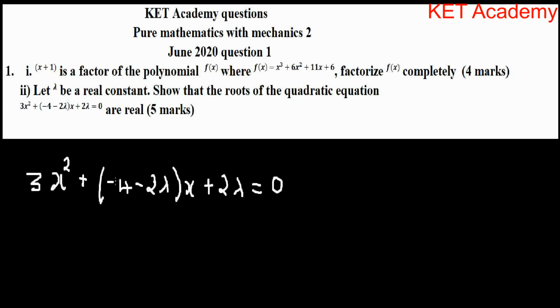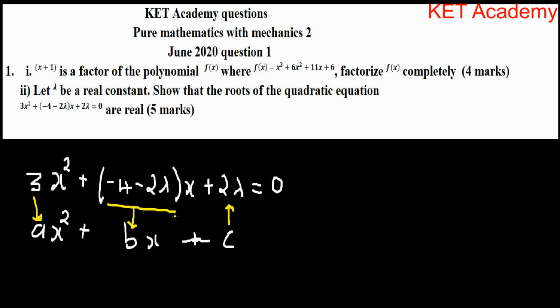If we look at this very well, we see that it is in a quadratic form. So this is the same as ax squared plus bx plus c. So our c will be this, our b will be all of that, and our a is 3.